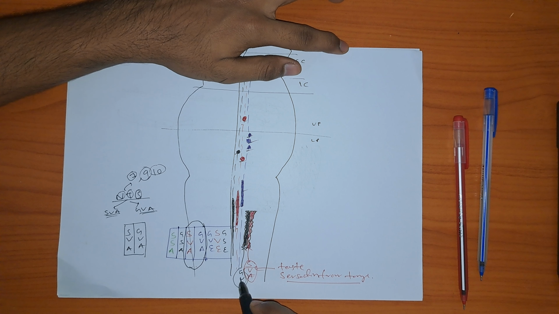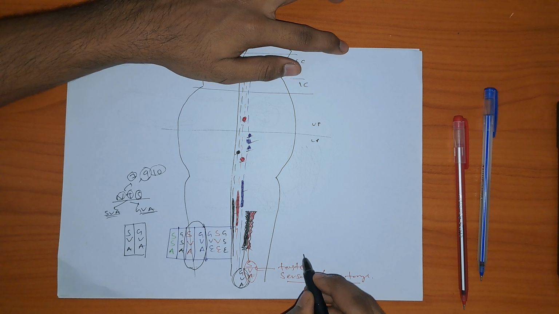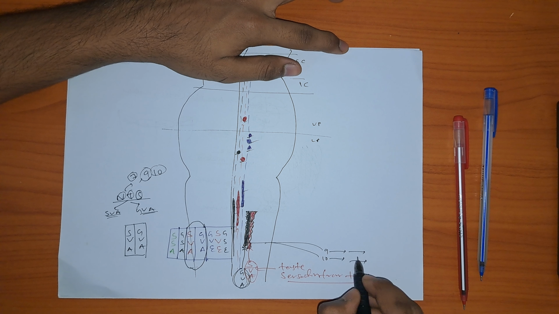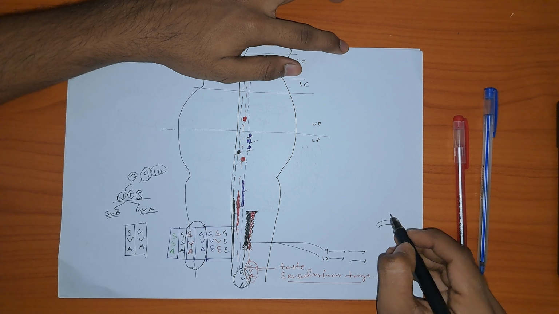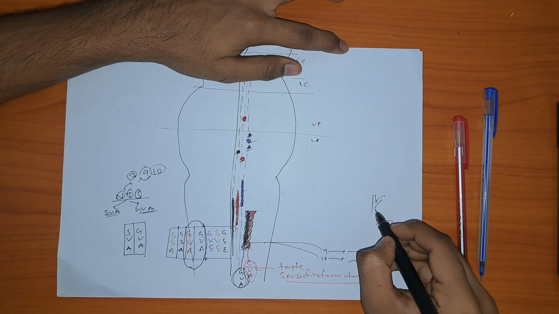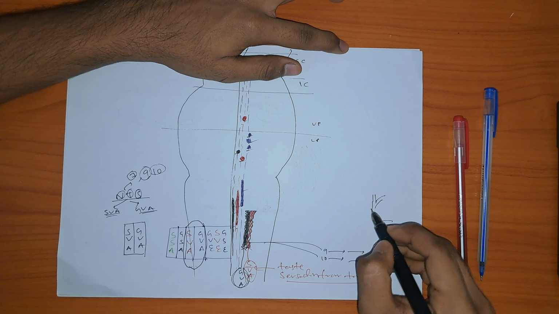Now what is GVA, general visceral afferent? It contains two nerves, cranial nerves 9 and 10. It goes to the viscera, and we have studied the regulation of blood pressure and chemoreceptors. The baroreceptors of the aortic arch and carotid sinus, and the chemoreceptors of the carotid body, are carried by the 9th nerve and the 10th nerve.